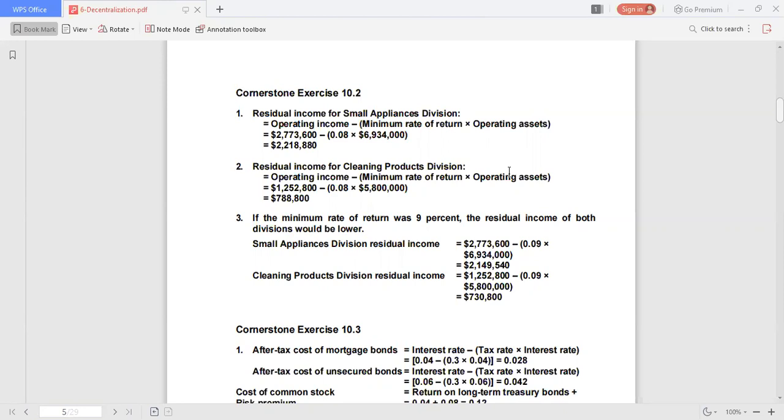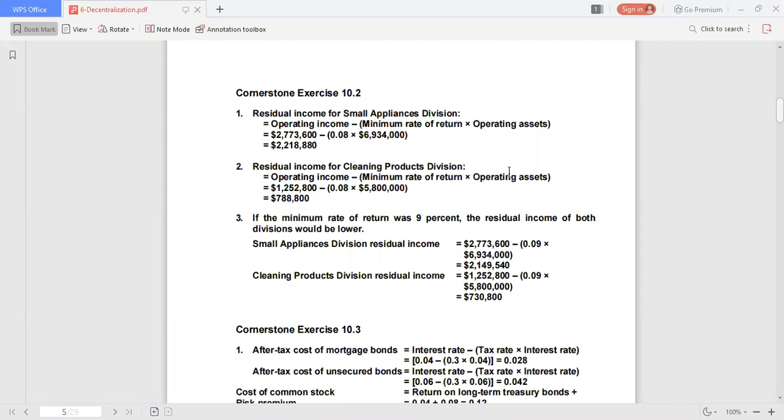So, for the small appliance division, we are now computing the after-tax cost of mortgage, no? We have for the small appliance division residual income, 2,773,600.